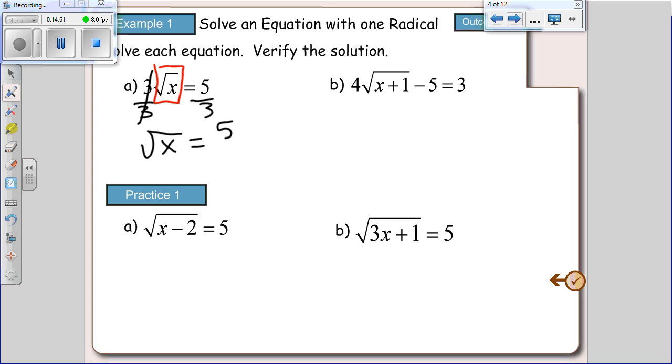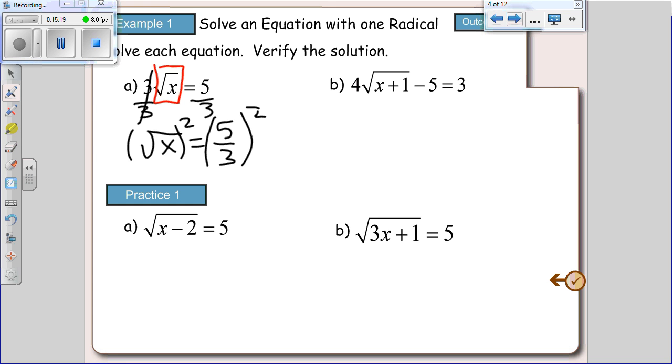That was easy if we were looking for the square root of x, but we actually just want x. So how do you do that? Square both sides. You guys have been doing this before. It's not that scary. Sorry, square. Don't square root. Square both sides. That'll get rid of your square root. So you now have x equal to the square of 5 over 3.